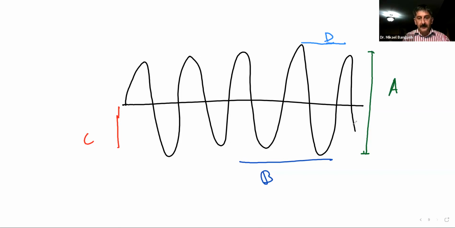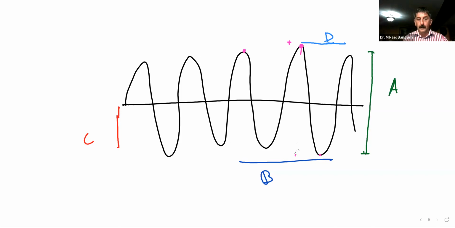Now that is peak to peak amplitude. Some may think, will it be this? Should this? No. We can measure from the positive peak to the negative peak. This whole range is what we call a peak to peak amplitude.